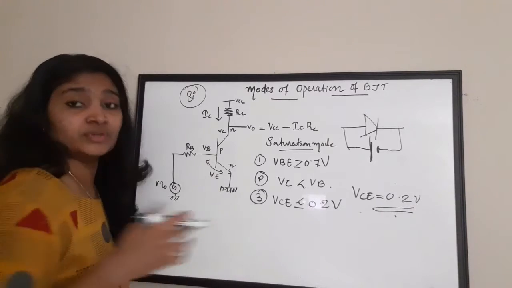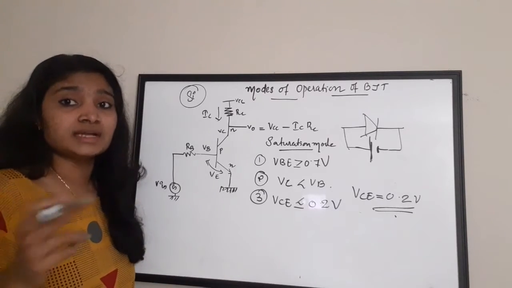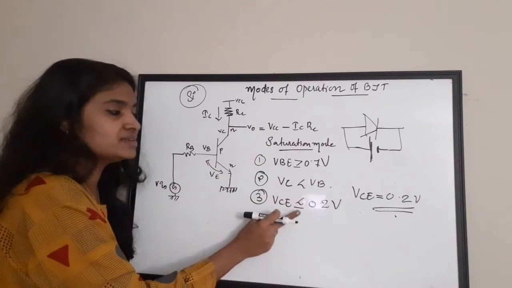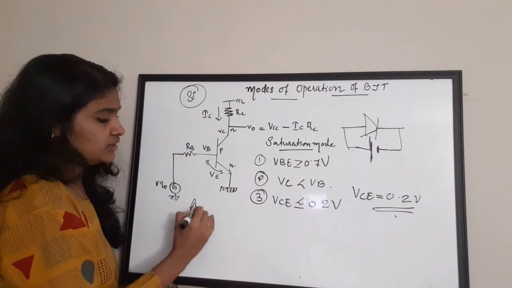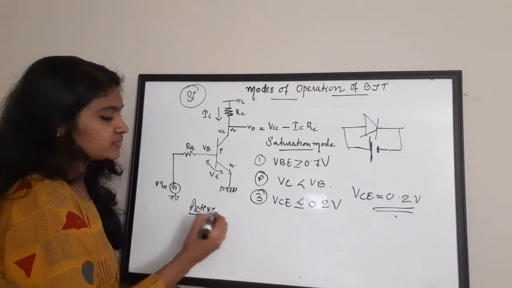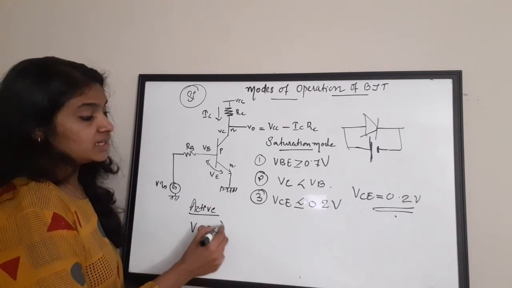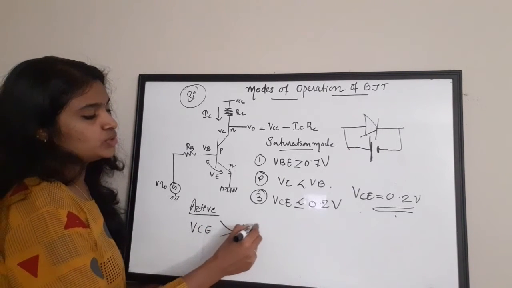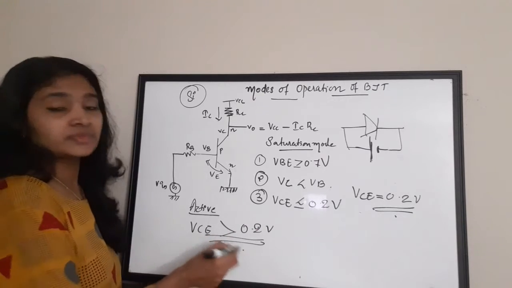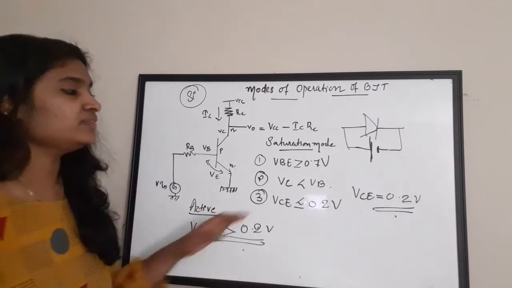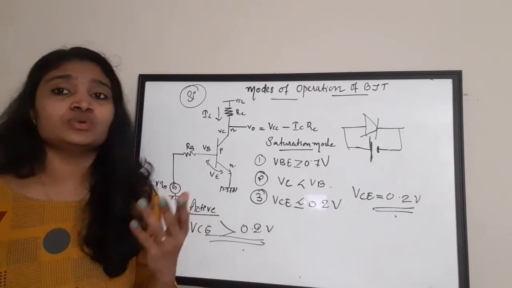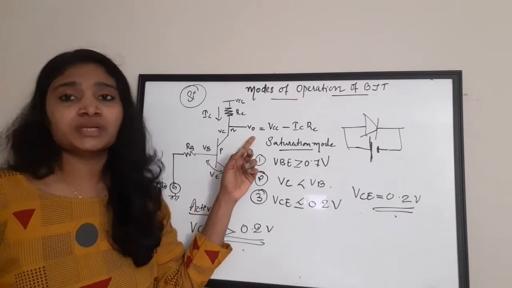And I've told you that the active condition has one more criterion. In active mode, VCE should be greater than 0.2 volt. What is happening here is that we are taking the output from the collector side.